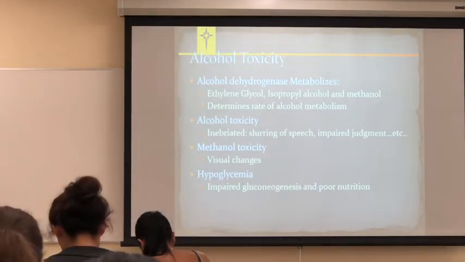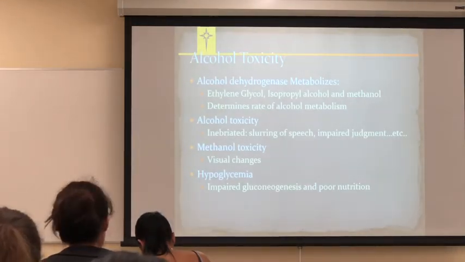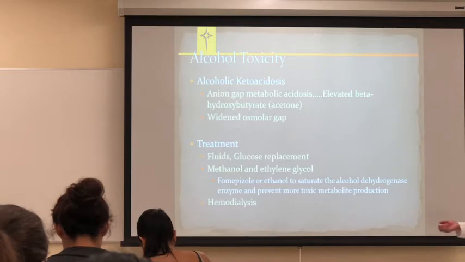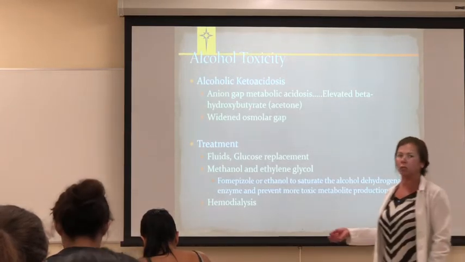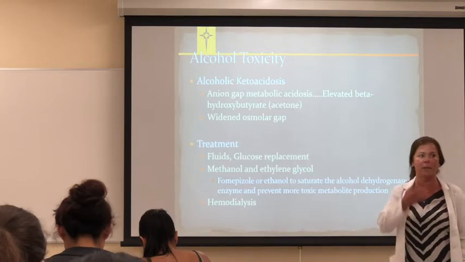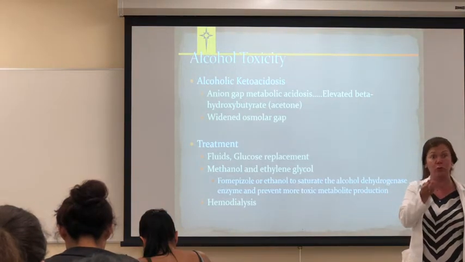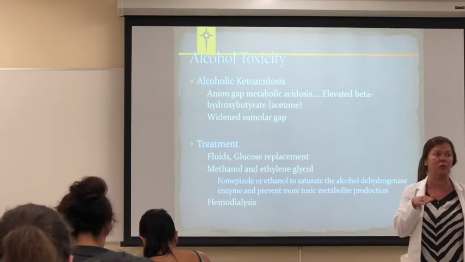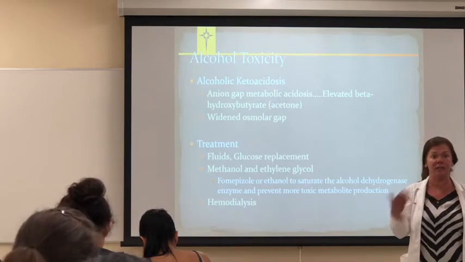So we talked about all this already, alcohol toxicity, right? Again, whether it's alcohol or any type of toxic drug, we said the patients go into high anion gap metabolic acidosis due to lactic acidosis, because all these toxic drugs are affecting the mitochondria and cellular respiration.